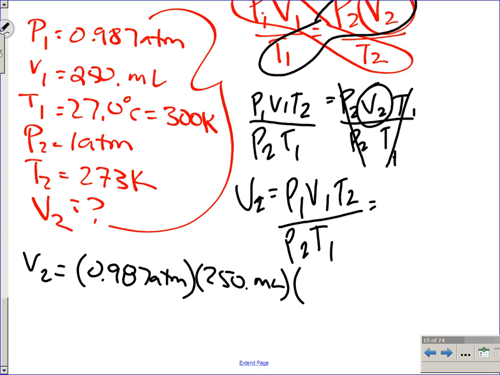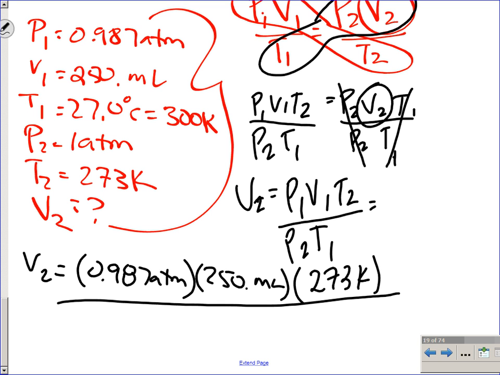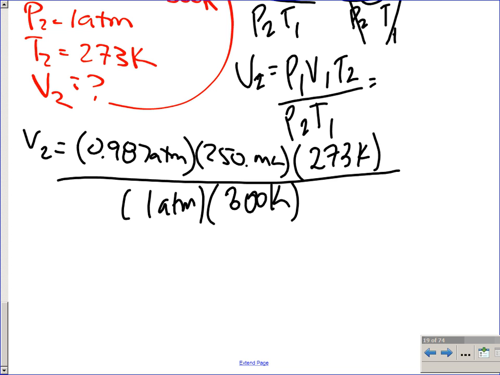T2. So atmospheres cancels, Kelvin cancels, milliliters is left. That's great because that's a unit of volume. And what did you guys get? Say again? 225.